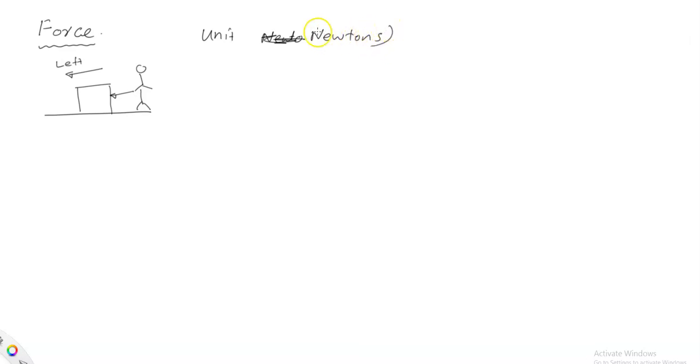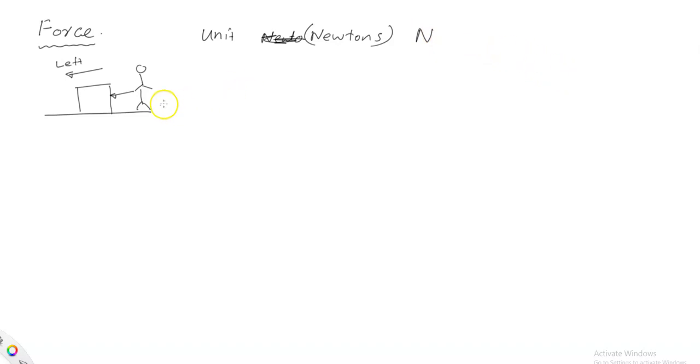We give this name to honor Isaac Newton, the famous scientist I was talking about earlier, who set the foundations of actually most of the mechanics-related equations in physics. So it's measured in newtons, and we use the capital letter N to indicate newtons.